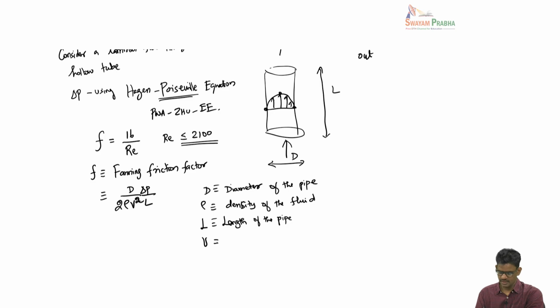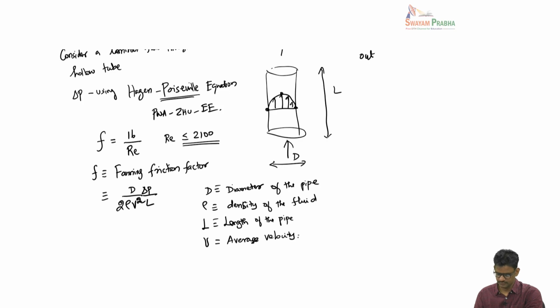And V, as I said, has a profile, but here the V is the average velocity. Basically it's radially averaged velocity, and delta P is the pressure drop, basically P2 minus P1.